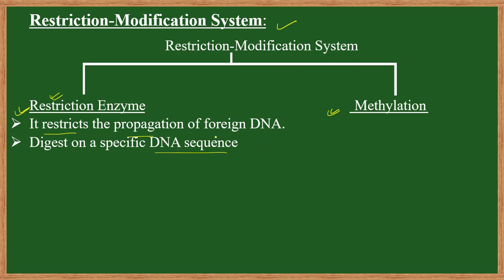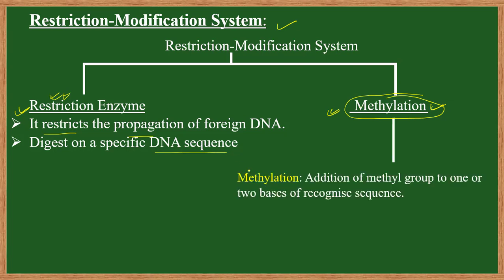The second process is methylation. How do we prevent the activity of the restriction enzyme? There is a very special process called methylation. In methylation, if a methyl group attaches to the recognition sequence, then the enzyme cannot digest that fragment. So methylation is the addition of a methyl group to one or two bases of the recognition sequence.